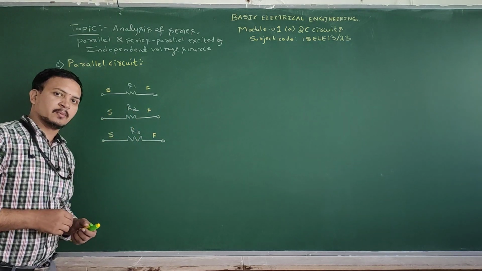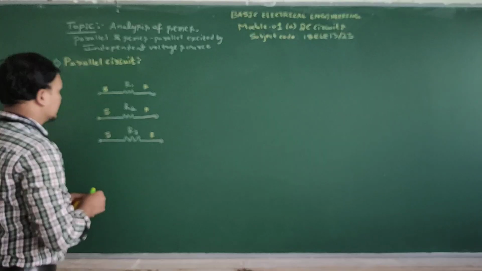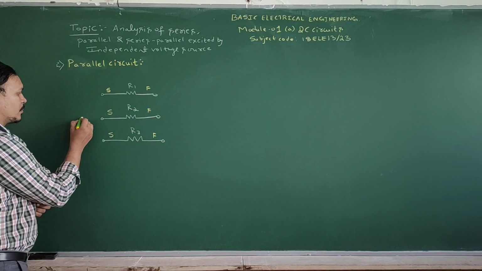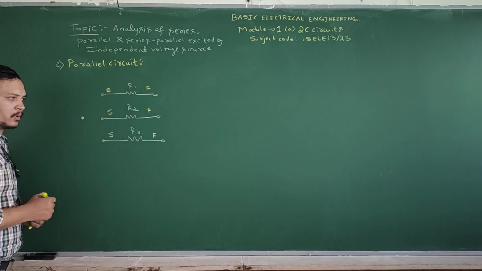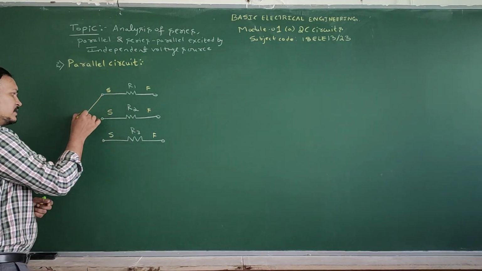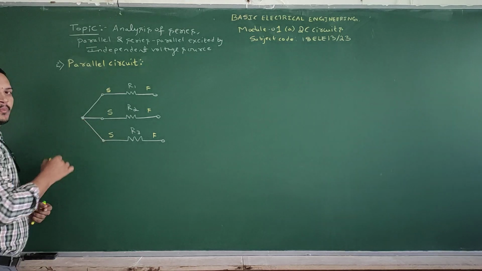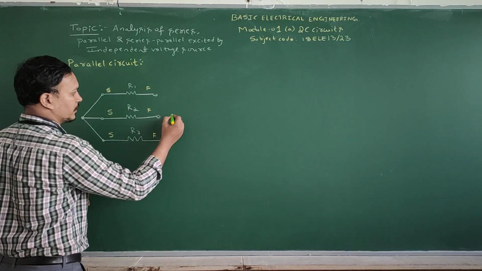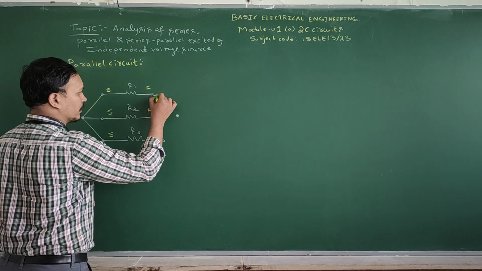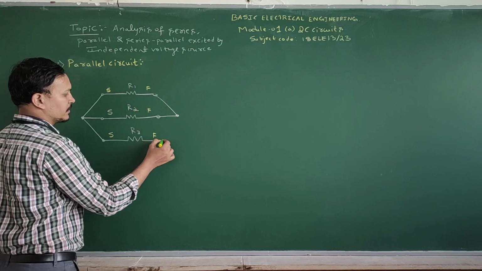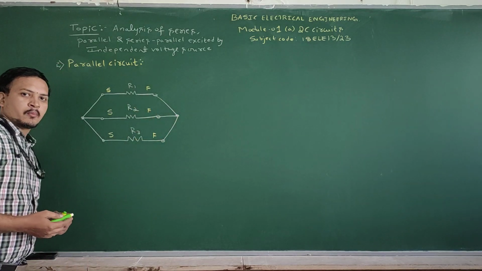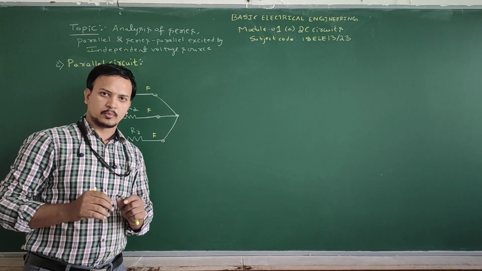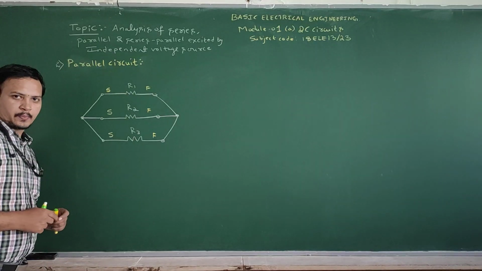When the number of circuit elements are connected in such a way that the starting end of each element is connected to one common point, and the finishing end of each element is connected to another common point. You can draw these two common points anywhere in your notebook, but this looks appropriate.